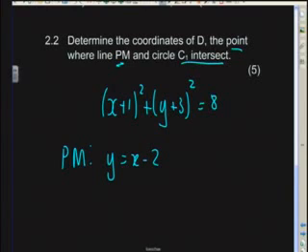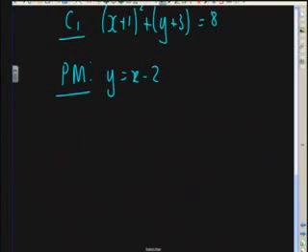So that means I'm looking at this circle C1, going to solve simultaneously with those two equations, to find the point of intersection. So let's do that. Now, I've got y = x − 2. I can call the top equation, the circle equation, equation 1.